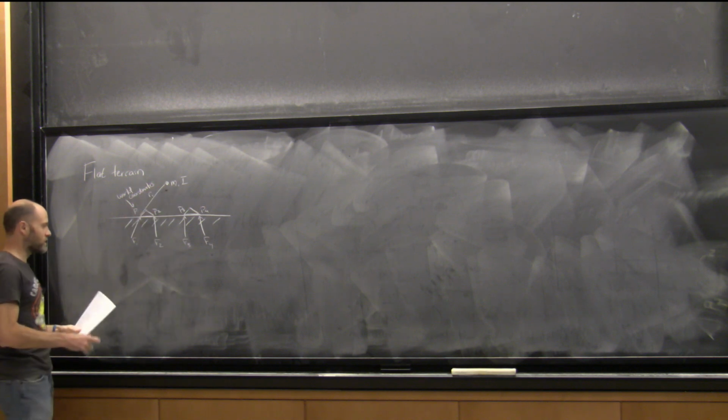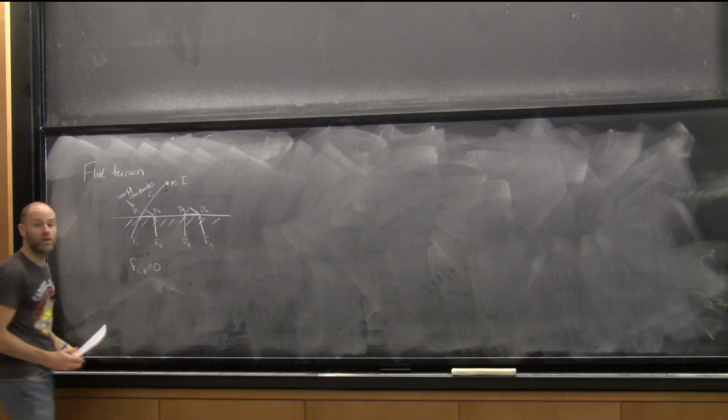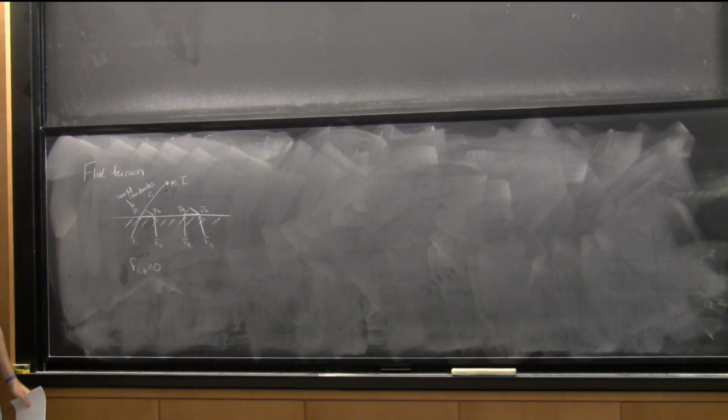The easiest one, of course, is if I say that Fi of z is greater than or equal to 0, always. What does that imply about my ability to move my center of mass? Up at the acceleration, but not down. I can't go down faster than gravity, right?